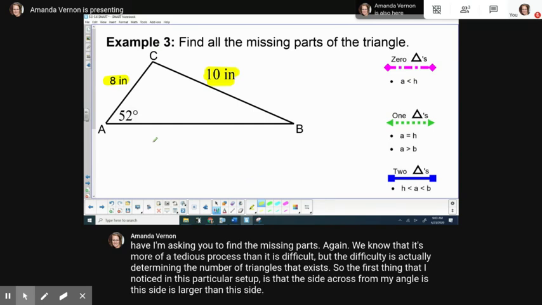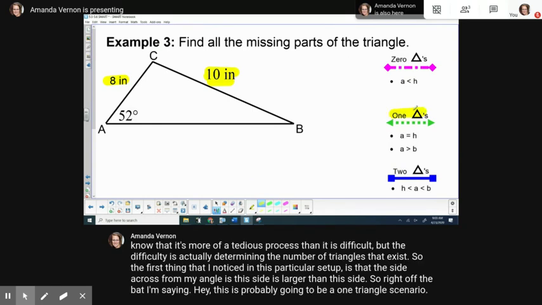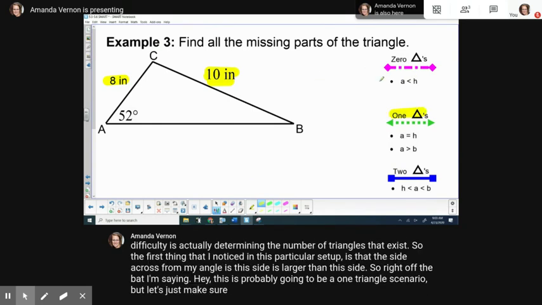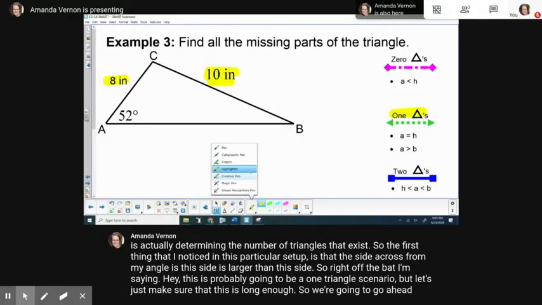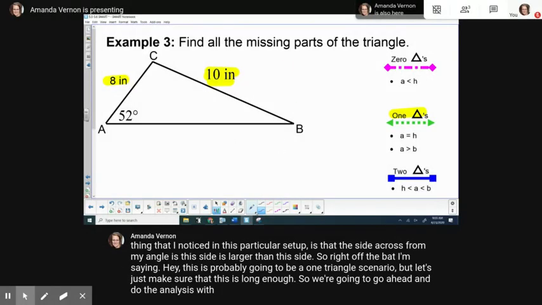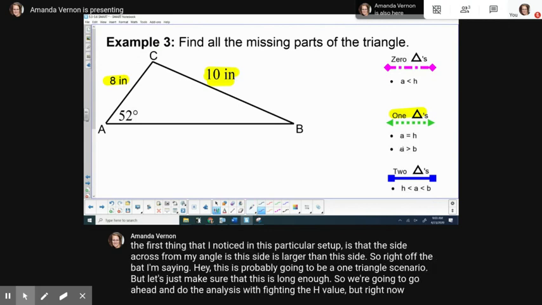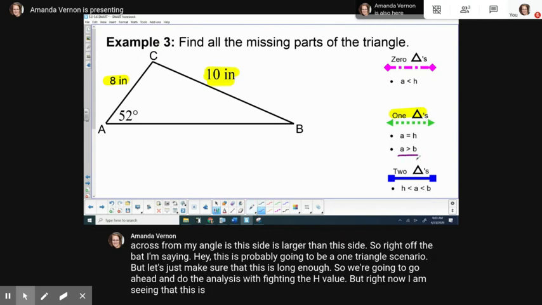So right off the bat, I'm saying this is probably going to be a one triangle scenario, but let's just make sure that this is long enough. So we're going to do the analysis with finding the H value. But right now I am seeing that this is resembling this scenario right here.